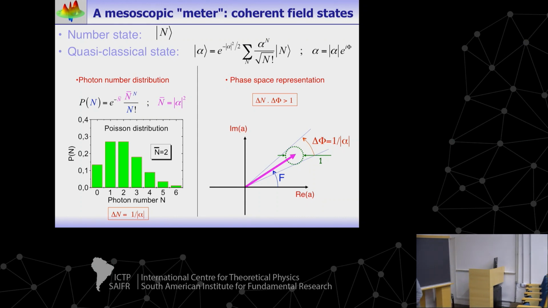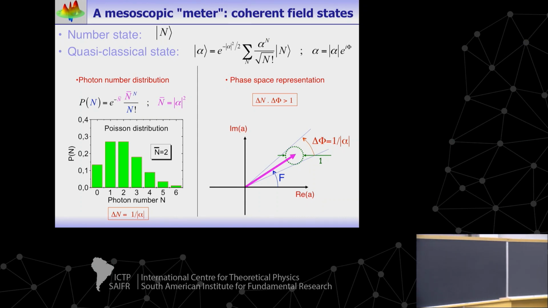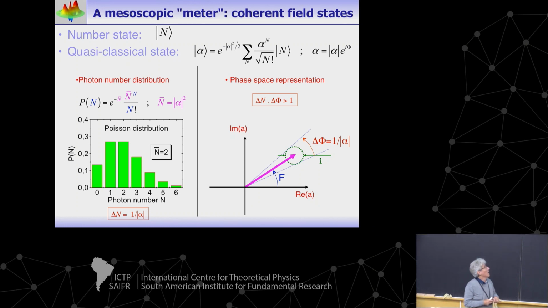So I would like also to introduce an operator which is very useful and which generates this coherent state from the vacuum. It's a unitary operator, D of alpha, which can be expressed as a function of creation and annihilation operators.